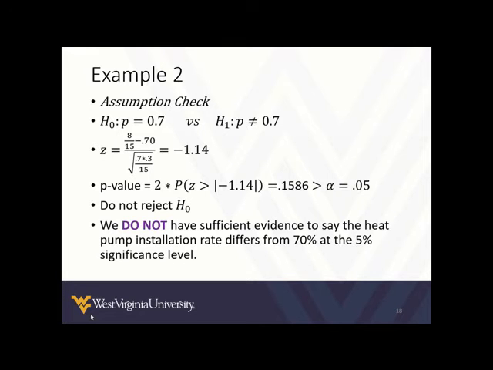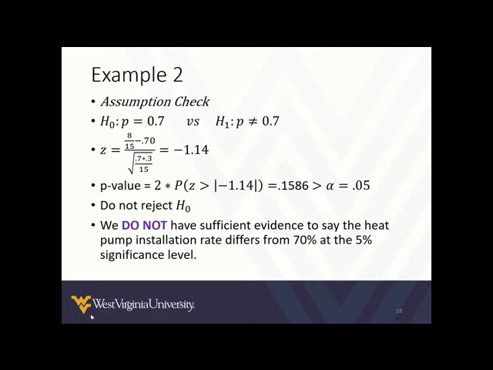Filling out, we have the null hypothesis that p is equal to 0.7 versus the alternative that p is not equal to 0.7. So we can go ahead and plug into our test statistic, and we'll say that z is equal to negative 1.14.